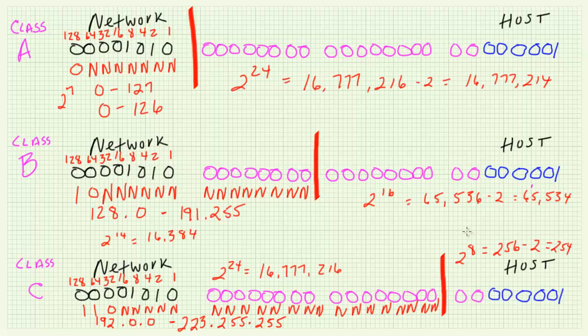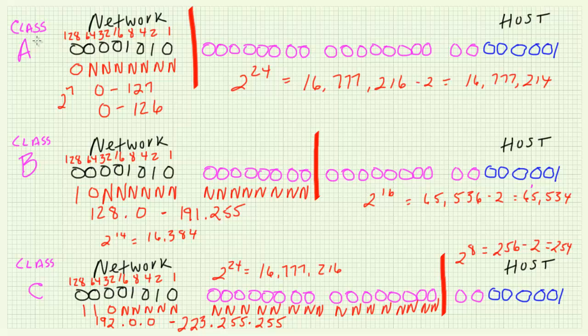And just as a matter of wrap-up and review, if we look at Class A, Class B, and Class C, we went through the arithmetic of calculating the number of networks and the number of hosts in each of these cases, and you can see that Class A would have been intended for the very largest organizations because we have a relatively small number of these available Class A networks.